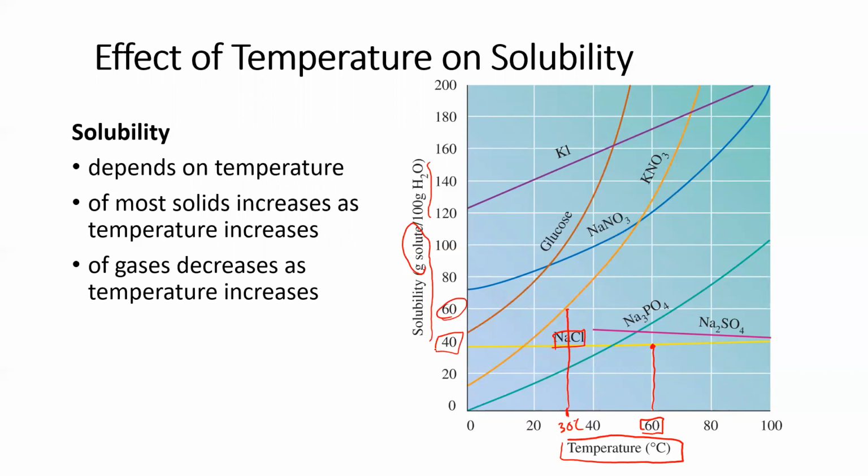If you start heating the solution up and giving it more kinetic energy, the gas is just going to fly out. So, opposite of solids. Solids tend to increase in solubility when temperature increases. Gases are the opposite. Their solubility decreases as temperature increases because now they're flying out of the solution.